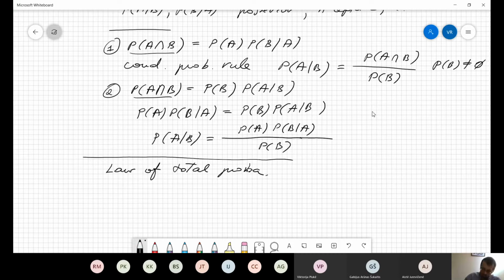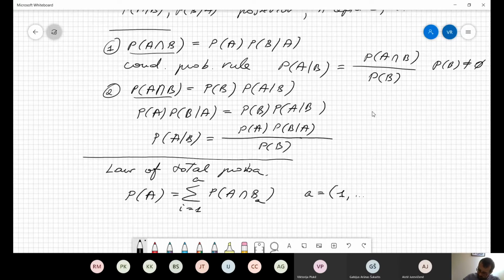And this law states that the probability of observing A equals the sum from i equals 1 to, let's call it N, where we have all the possible options of observing both A and B. I coming from 1 to N, and these are all the possible options, right? All possible options for A.